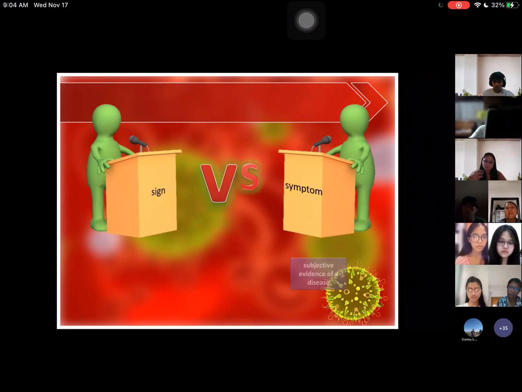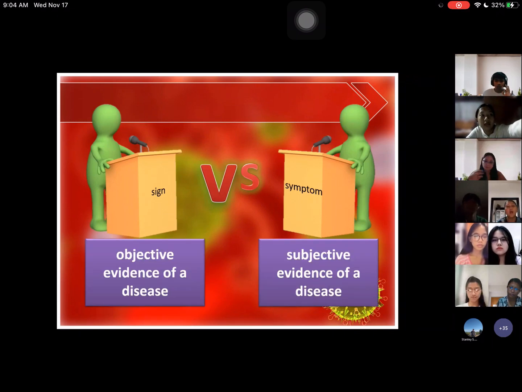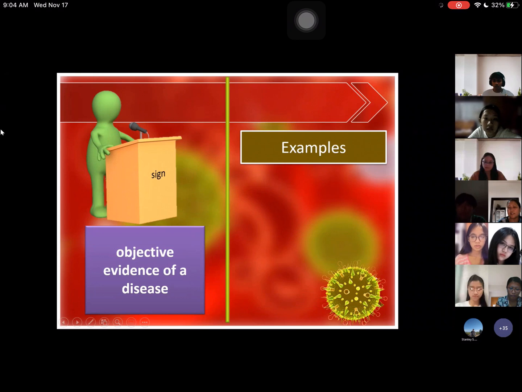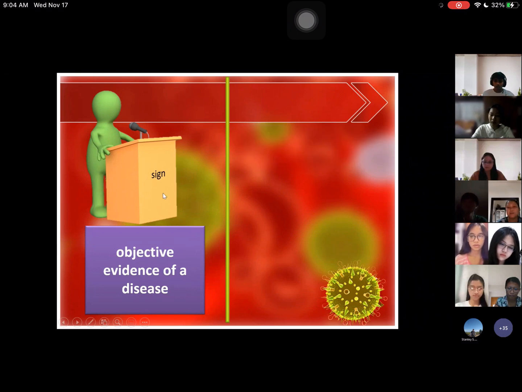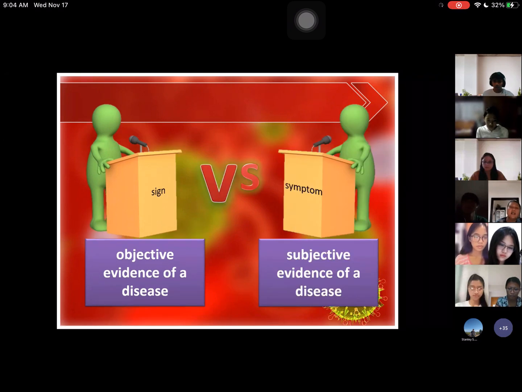So there are signs and symptoms that we need to differentiate and compare. When you say sign, this is actually objective evidence of the disease.